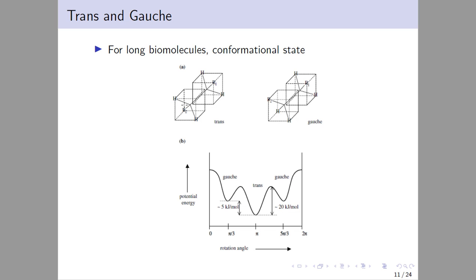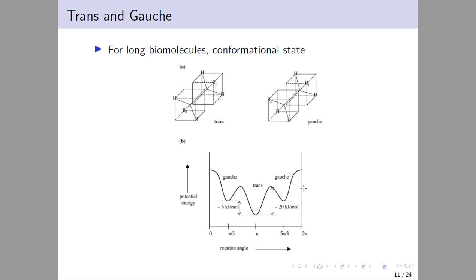We plot the potential energy against the rotation angle, rotating around this C and C bond. You can see the trans has much lower energy than the gauche.